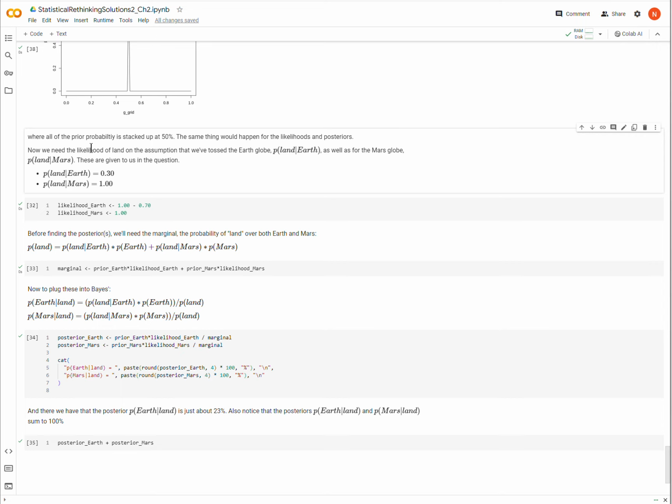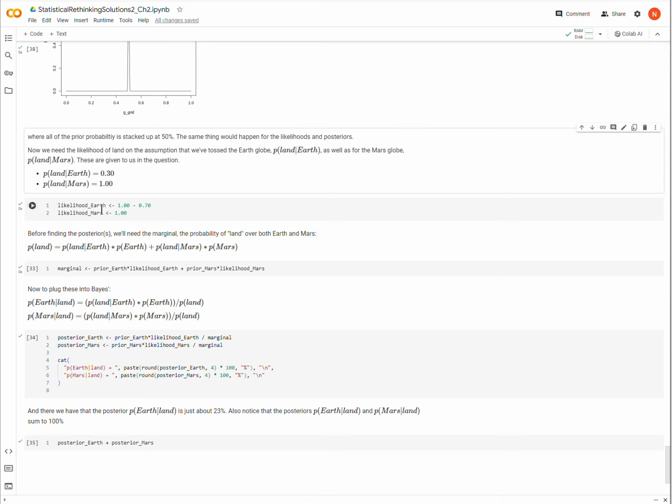Just a quick aside, notice that this differs from the posterior probability. This is the probability of the evidence given a hypothesis, but Bayes' theorem flips this around, and instead what it gives us is the probability of a particular hypothesis given the evidence. Okay, and so that's the difference between a likelihood and a posterior.